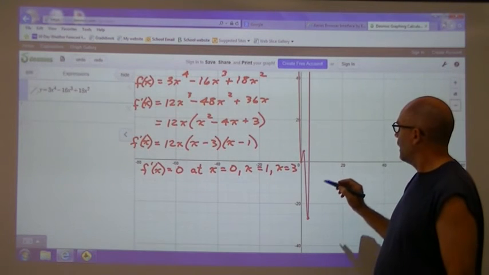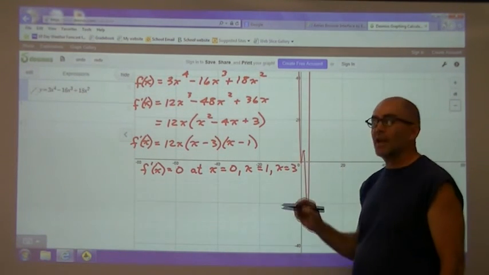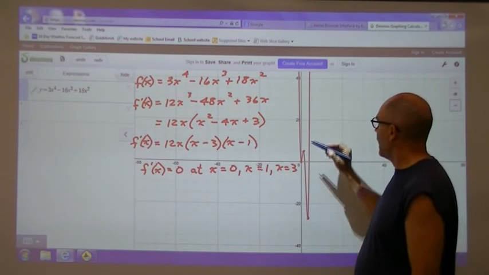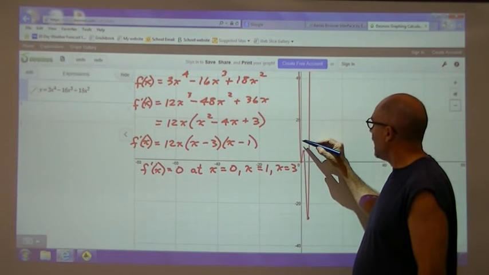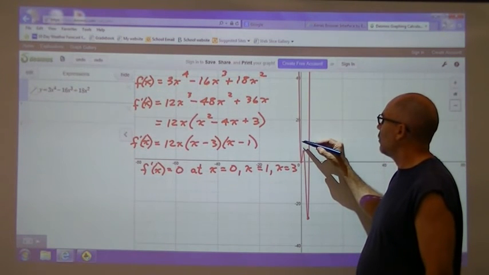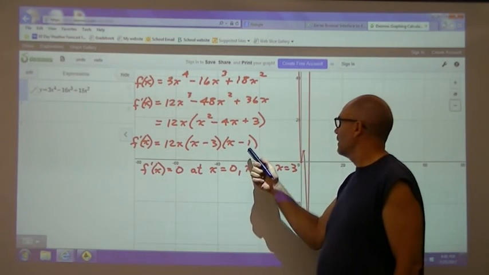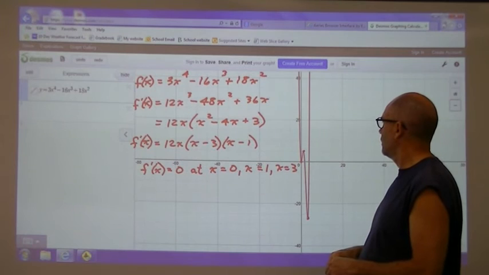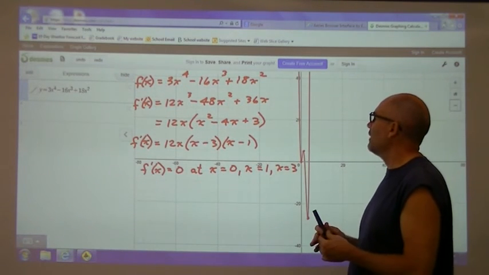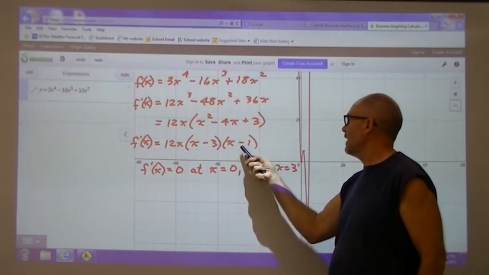Now, if we want to know if we have a relative min or a relative max, the derivative at x equals -1. If I go to the left of 0, then I have negative times negative times negative, which is negative.